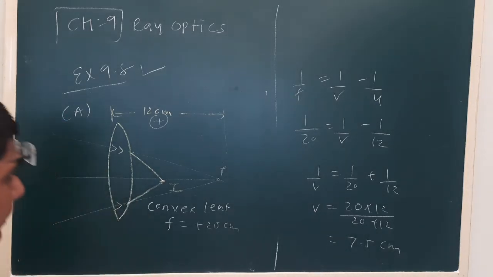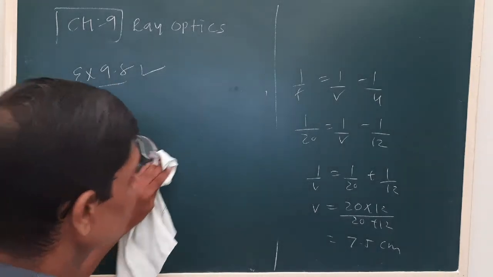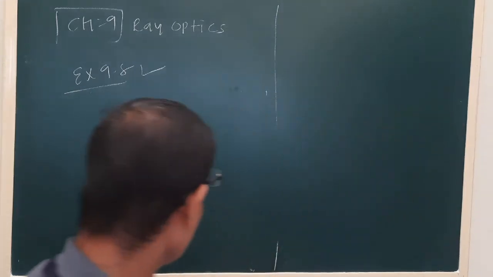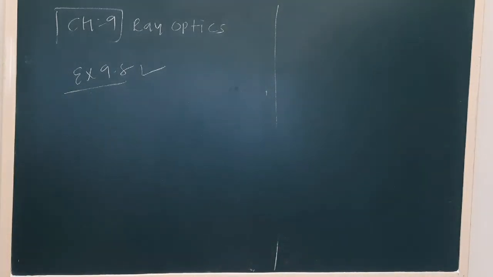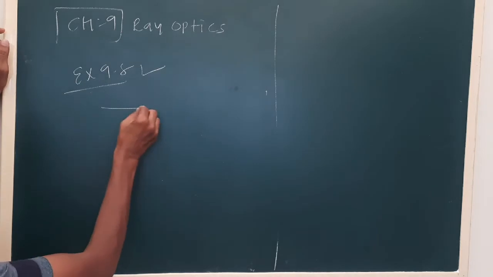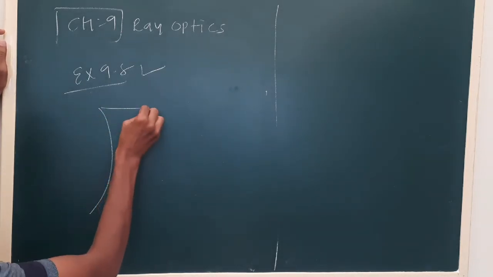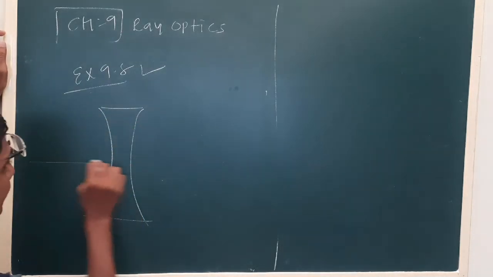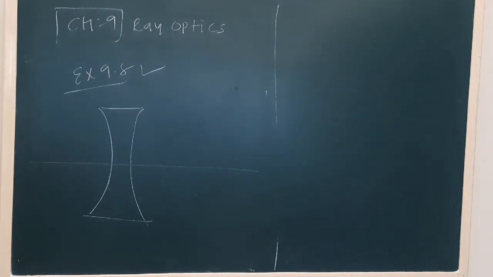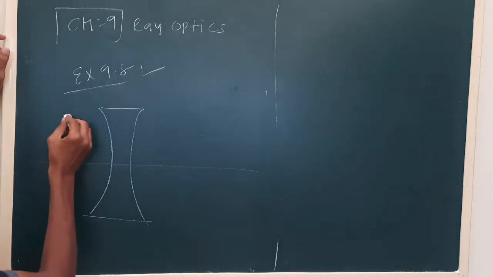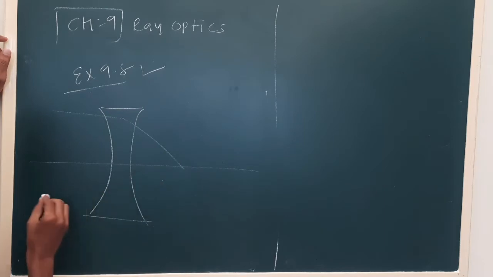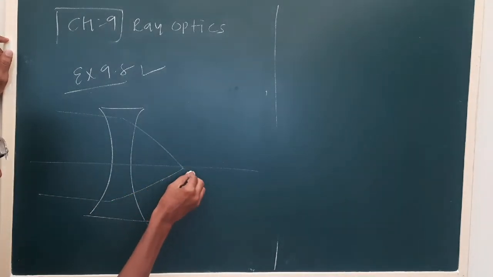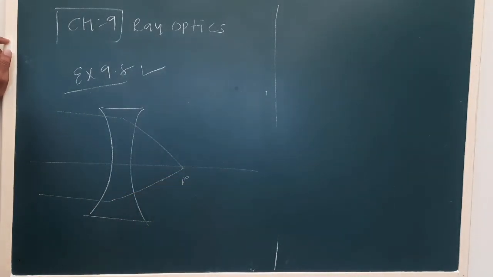Now part B of the question. Now see here, a diverging lens is given. Initially rays were meeting at P when the lens was not present.